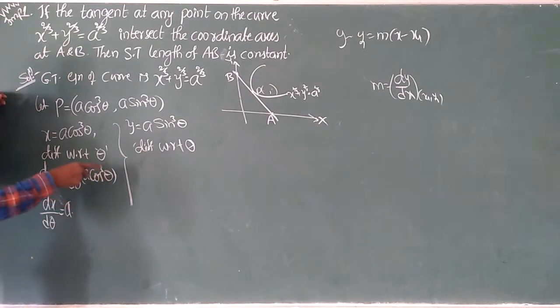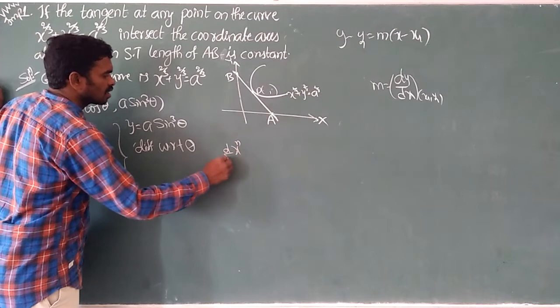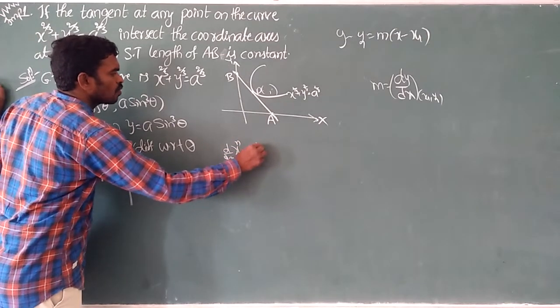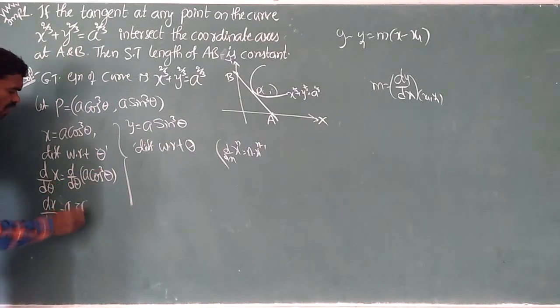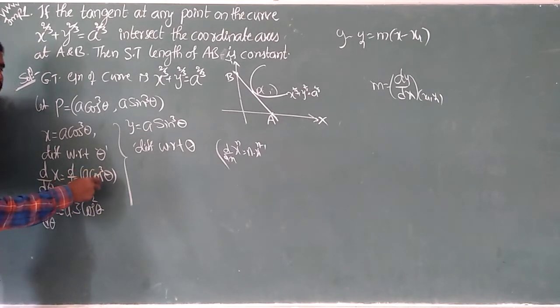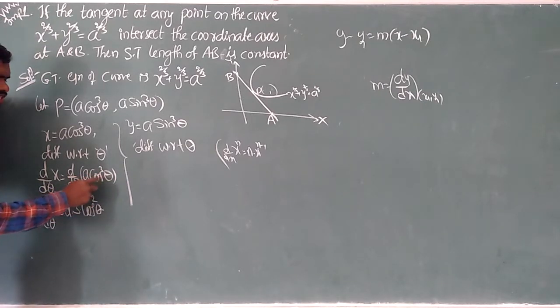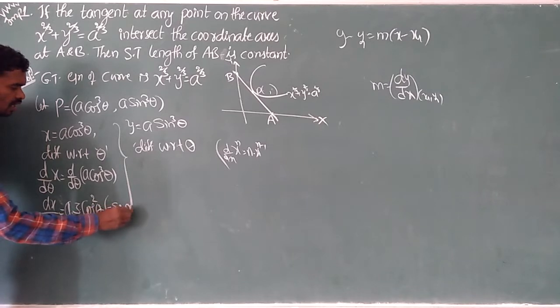Cos cube derivative: apply the x power n formula. What is the derivative of x power n? Yes, n into x power n minus 1. So using that formula we can write 3 into cos power 3 minus 1, means cos square theta, and into again, instead of x there is cos theta, so the derivative of cos theta is minus sin theta.